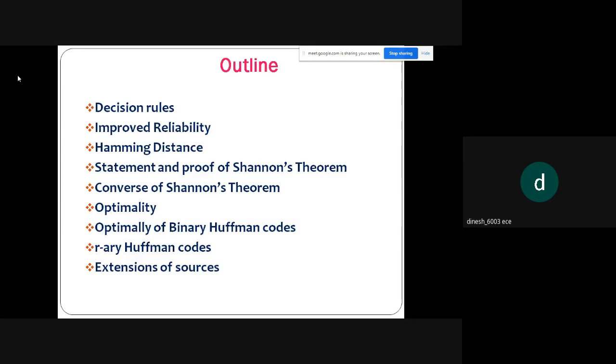And after the specific case of ternary Huffman codes, we'll be seeing it for an extension of sources. So these are the things present in unit number 3 that we are going to see.